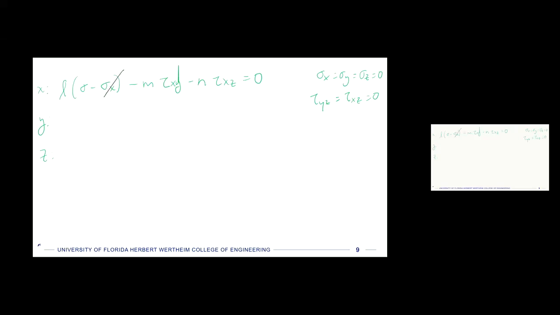This goes to 0, and this goes to 0. So for x, we are left with L times sigma minus m times tau xy equals 0. And we can do that for the other expressions as well.